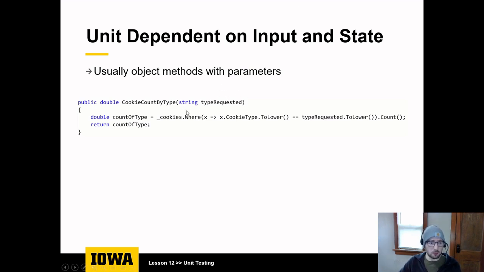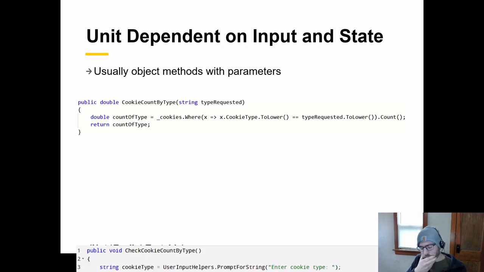We have input, the type the user is looking for, and the result of this method is not only dependent on what type gets passed in to the method, but it's also dependent on the current state of the jar. What cookies are in the jar at the time this method gets called will change the result that it returns. So, dependent on both input and state.